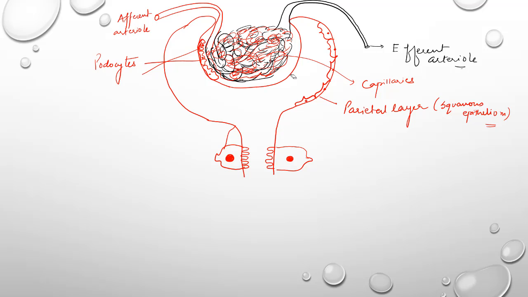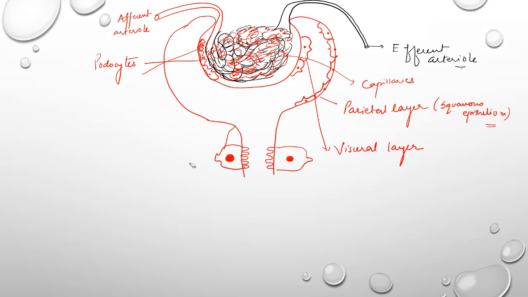This is the parietal layer, and this is the visceral layer. So this is the Malpighian corpuscle. Basically the Bowman's capsule along with the glomerulus is known as the Malpighian corpuscle or the Malpighian body.